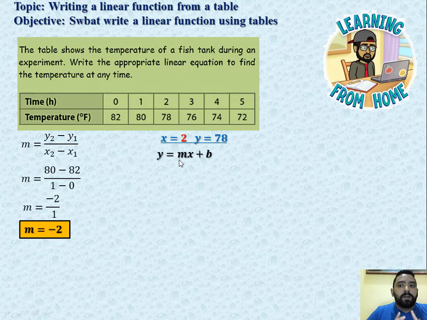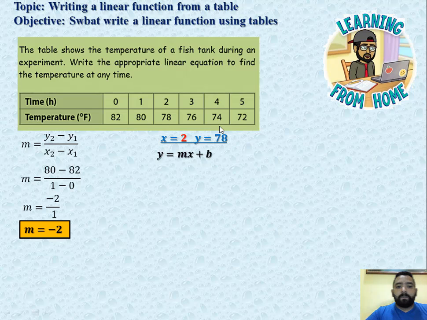The second step is to use the formula for linear functions, the second one. You have to choose one of the coordinates. You can take the first one, the second one, third one, any coordinate. In this case, I'm going to take the third one, 2 for x and 78 for y.